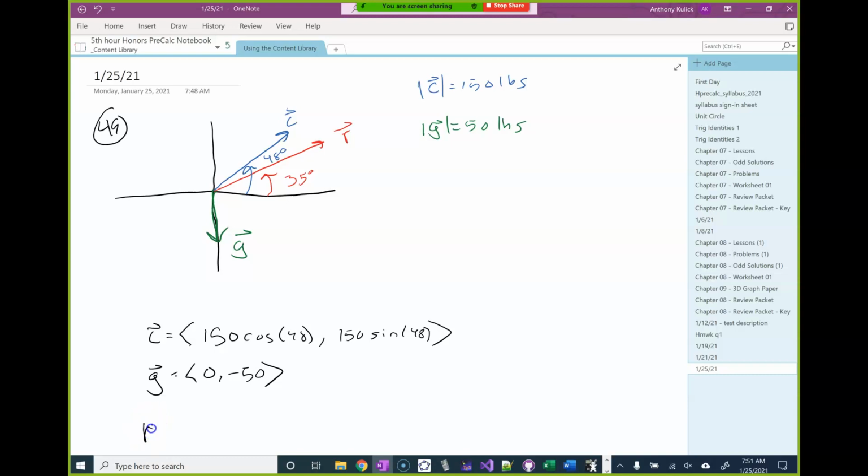So we're going to call this vector, I don't know, let's call it S for sum. So that's just going to be C plus G. So that's like 100.37, and then 61.47.